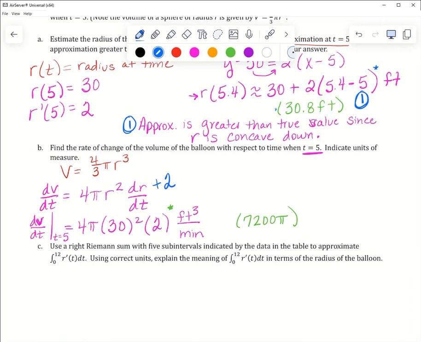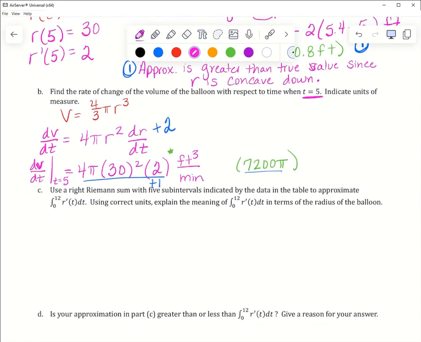If there was a ton of mistakes, then I could give you none. And then the second point, or I guess third technically, was getting the correct number. So whether you stopped here, which I would, +1, or getting to the 7,200 pi, that's another point. Now let me do part C because there's another point there.